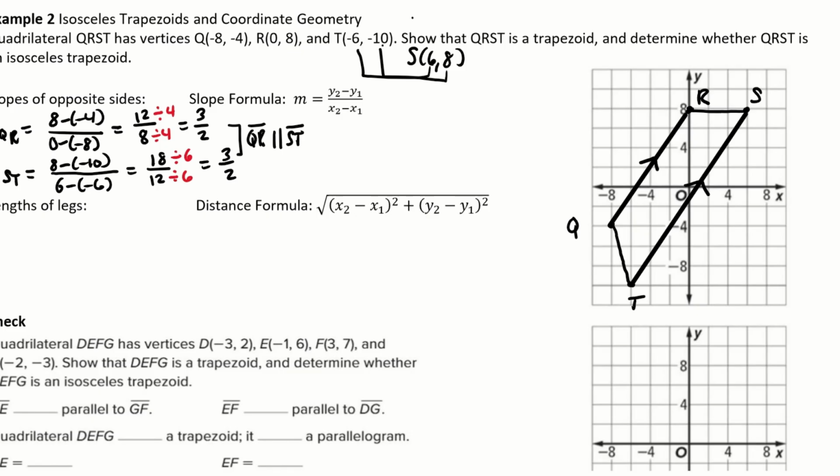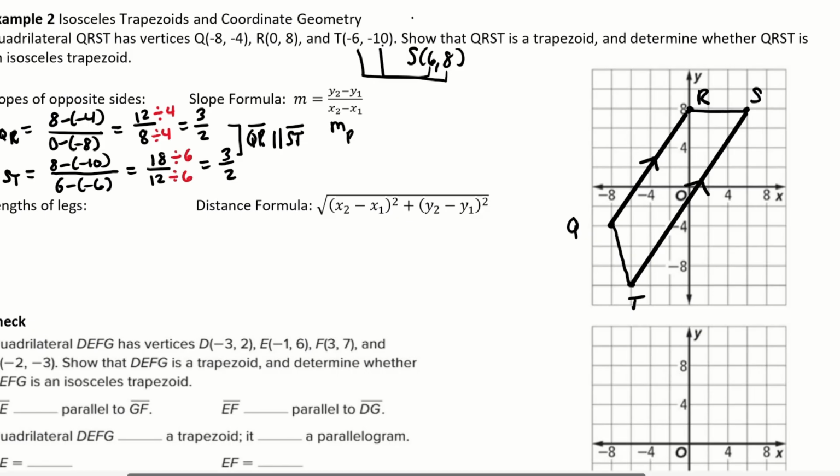We're going to show that it's a trapezoid that's not a parallelogram. So let's show the other two sides. RS, the slope for that is pretty easy to tell. I mean, you can see it's flat, right? So it's going to be 0. But let's calculate it.